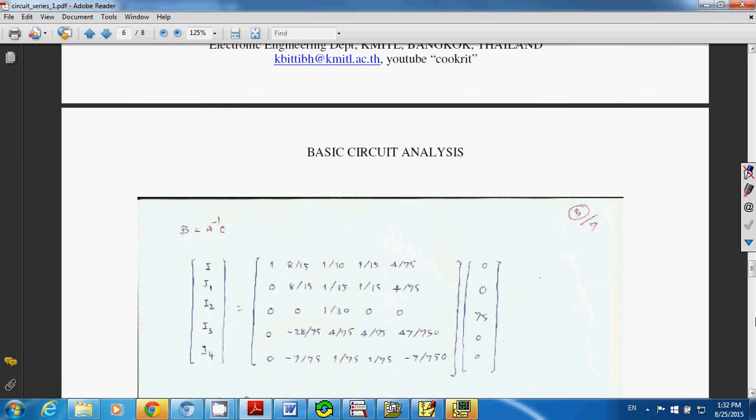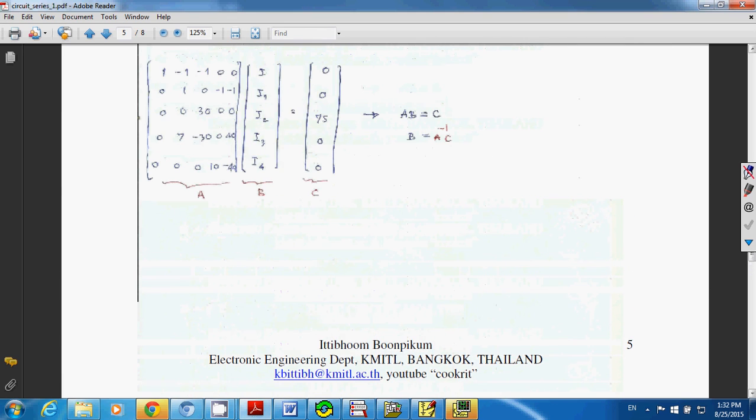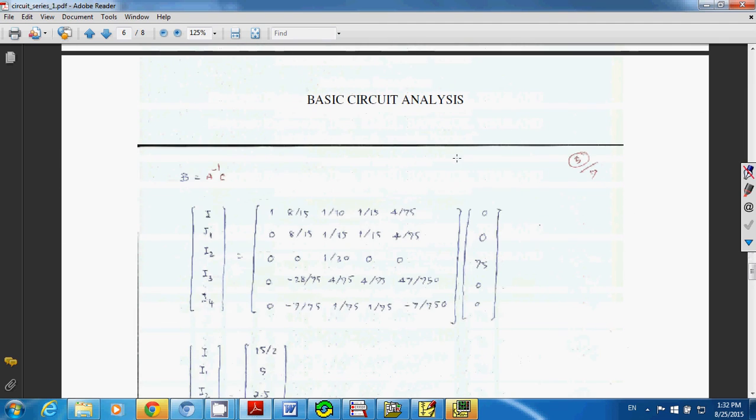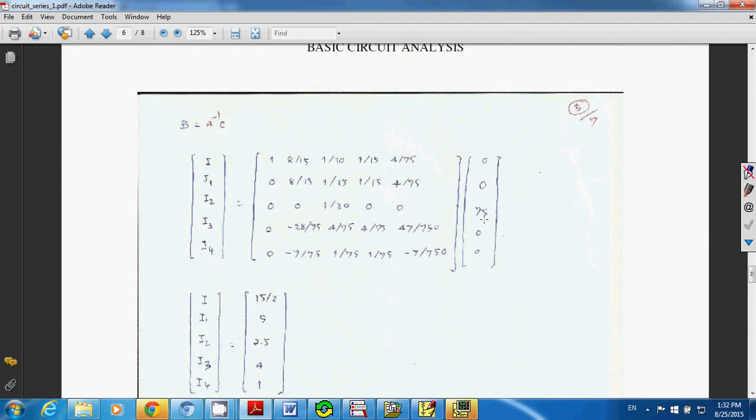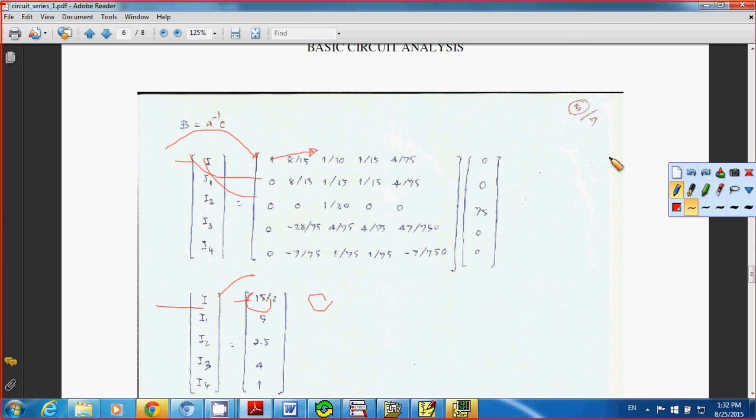Now to find B, I just multiply A inverse by matrix C. This is my inverse matrix, and thus I end up with this number here, and you multiply A inverse by the C matrix, which you already have, and end up with this matrix.